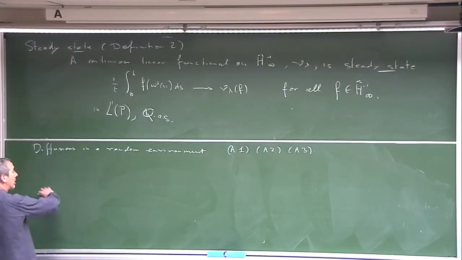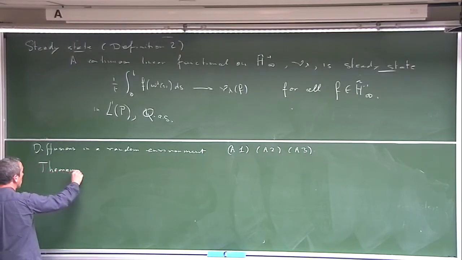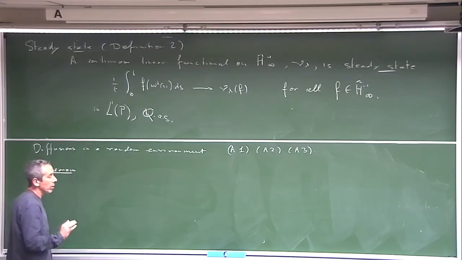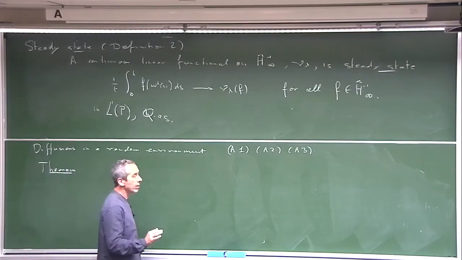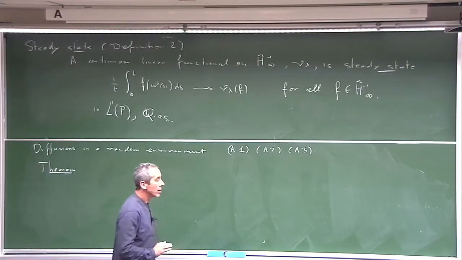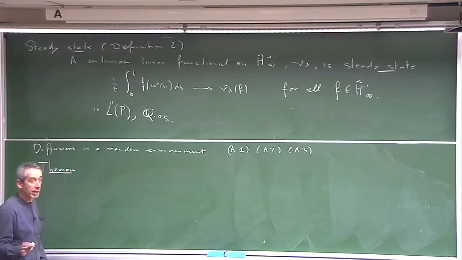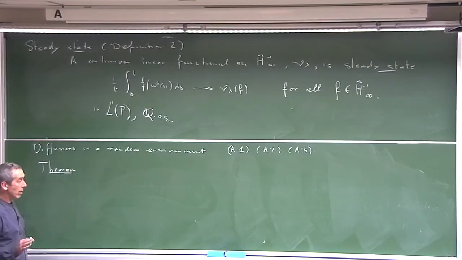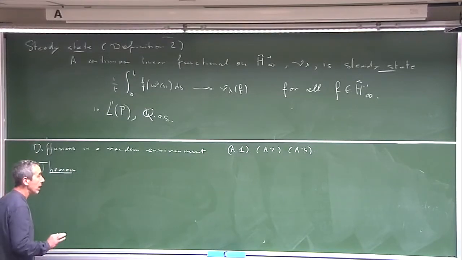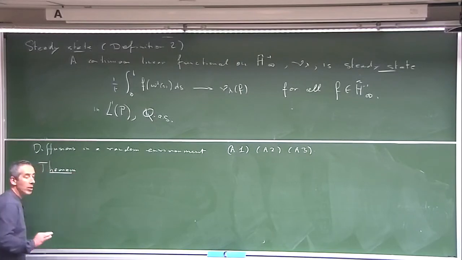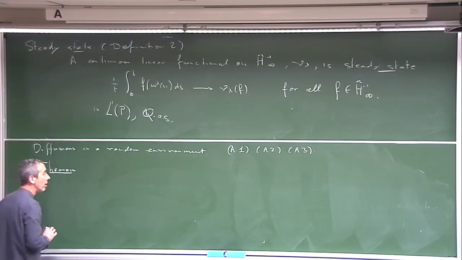And then we have a theorem. Recall that what we would like to do is take the derivative of the steady state. So first we should prove that it exists. But knowing that it exists, we would like to take the derivative. Now this theorem is not going to do that, but it's encouraging.